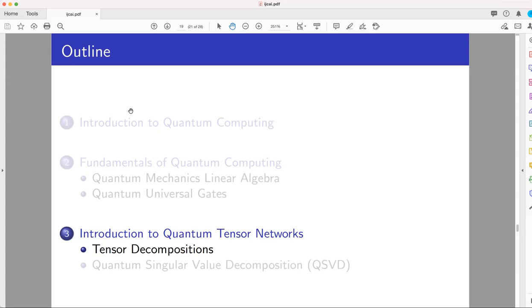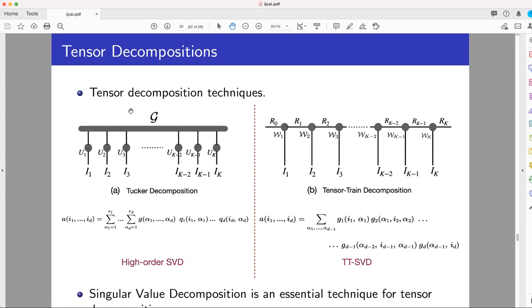The second one is still an open question: how to use the quantum singular value decomposition to realize some quantum tensor decomposition properties. This picture shows a basic understanding of the tensor decomposition models. For example, there is the traditional Tucker decomposition.